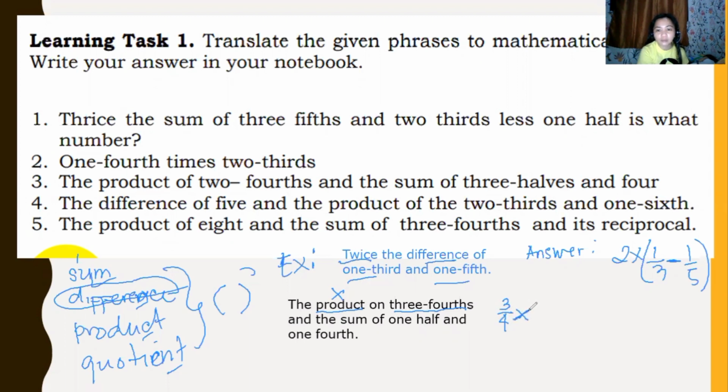Times what? The sum. When you see a sum, put parentheses. The sum of what? 1/2 and 1/4. So we have the product of 3/4 and the sum of 1/2 and 1/4. So that is our example for this learning task number 1.